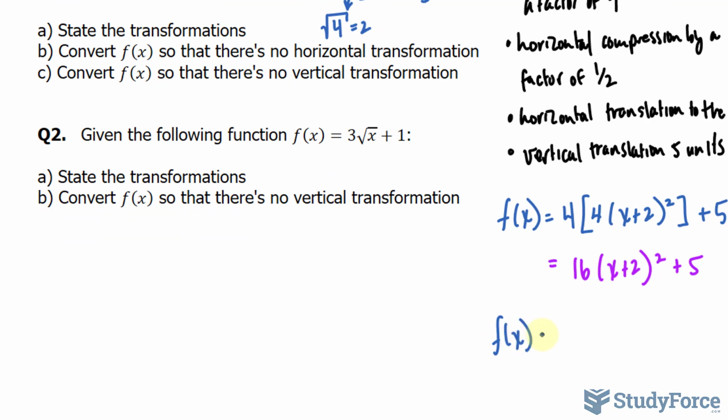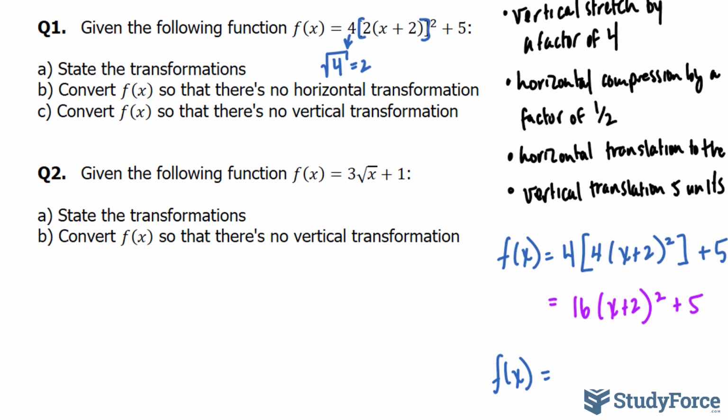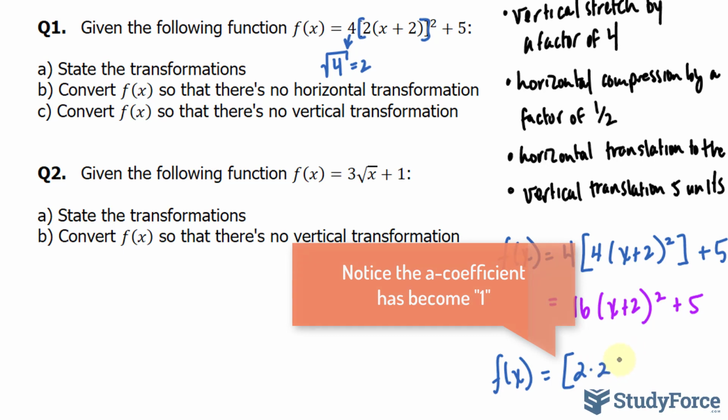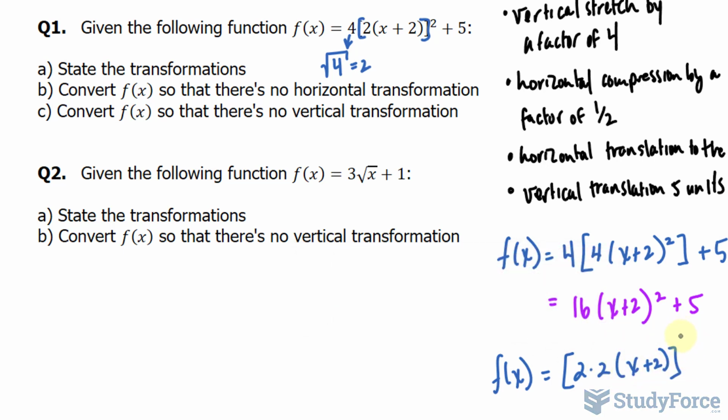So if that doesn't make sense to you, let me show you what I mean. By square rooting this 4, I get 2, and I'll place that 2 within the brackets. So I have 2 times the original 2, x plus 2, brackets, to the power of 2 plus 5.